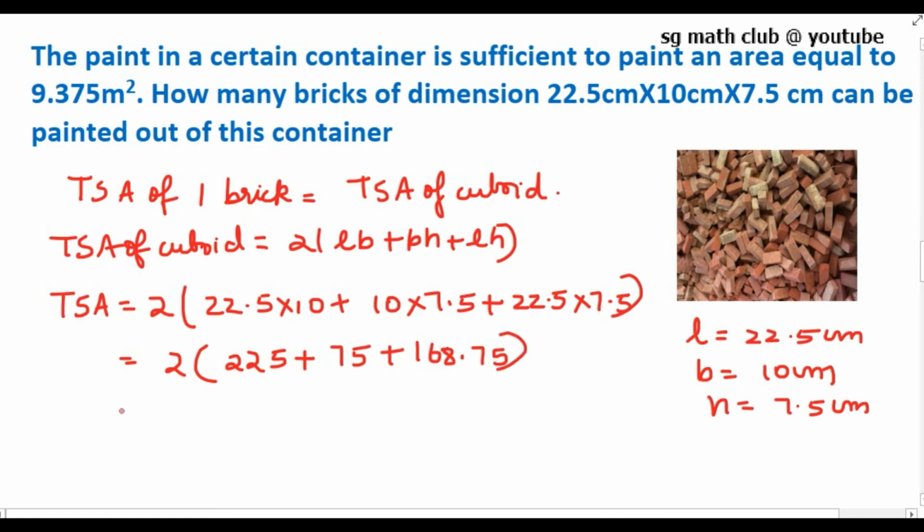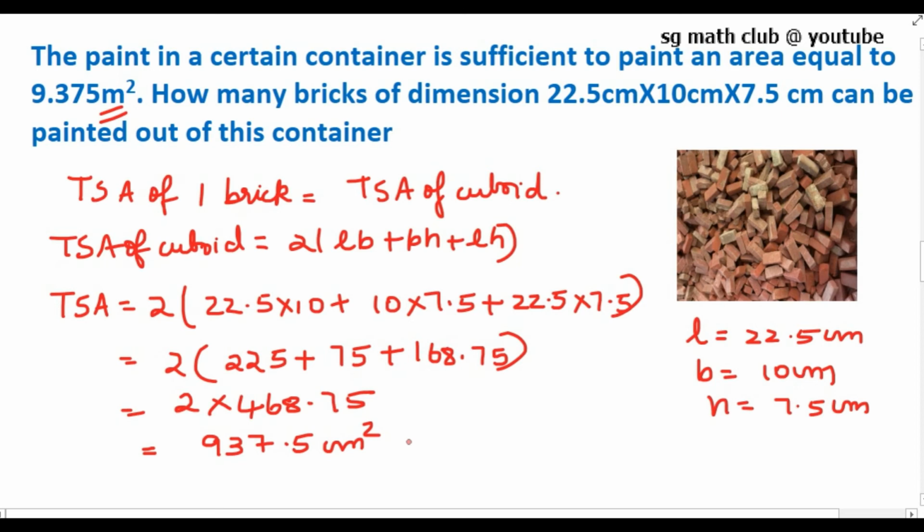When you add this, we have 468.75, which is equal to 937.5 centimeter square.